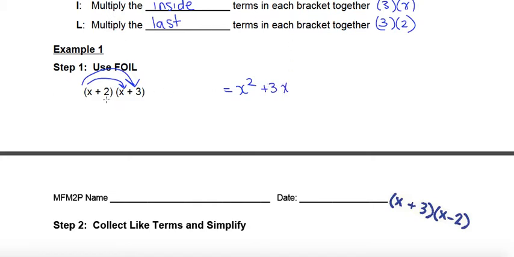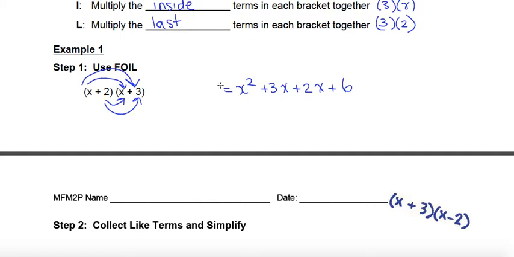Then we do the inside terms. So 2 times x is 2x. And lastly, 2 times 3, which is positive 6. Sometimes it helps to draw, so we're multiplying the first term in the bracket by every term in the second bracket, and the second term in the first bracket by everything in the second bracket.